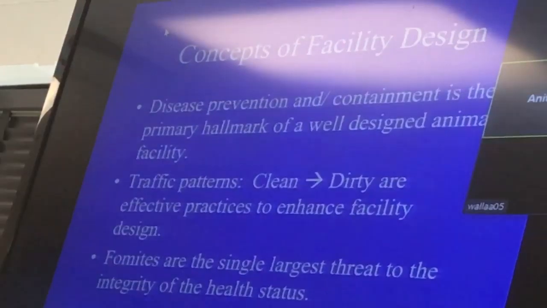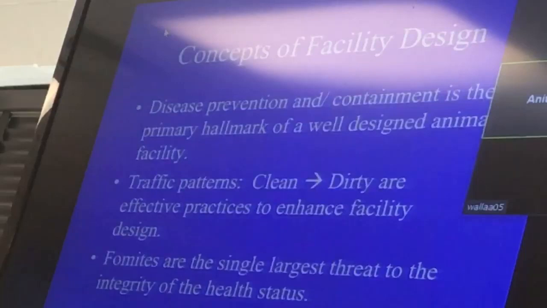You check to determine whether a mouse or a rat is pregnant; it's a copulatory plug that you can look for. In checking those plugs, this technician was using a set of tongs that she was taking between facilities. Everything else she was cognizant about, paying strict attention to traffic patterns, but these tongs were the ones she used between both facilities, and that was the source of the fomite transmission.